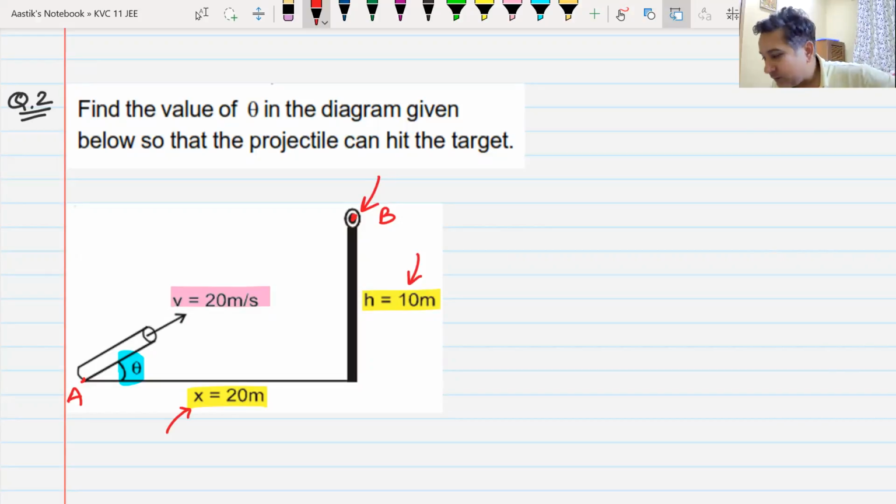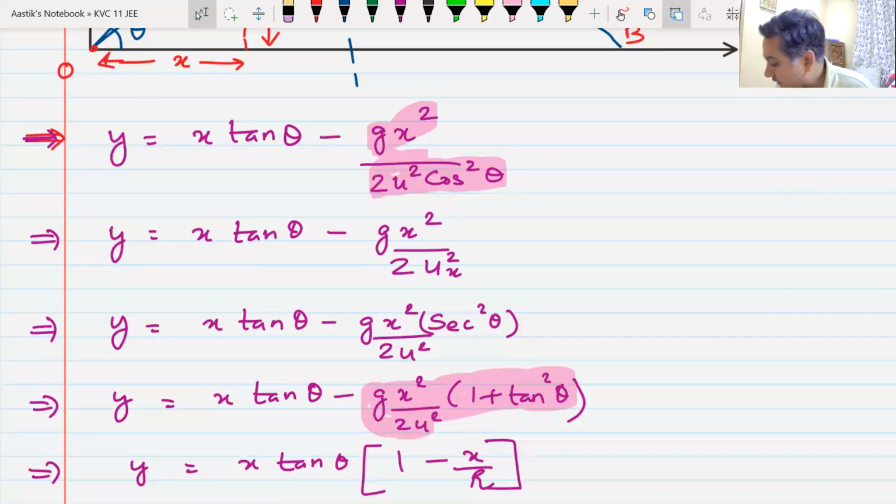Whenever you are given the value of x and y, 99.9%, take it as a note, this question has to be done with what? With this that is on your screens.